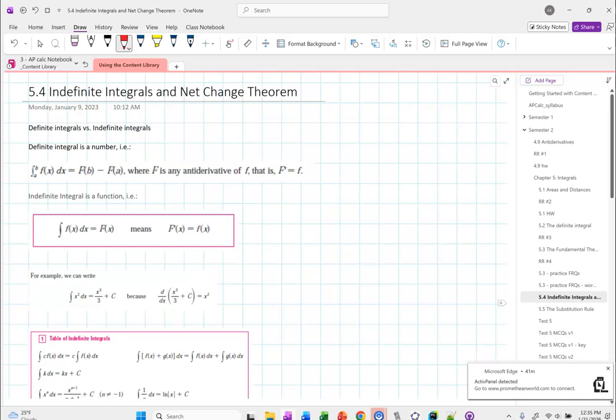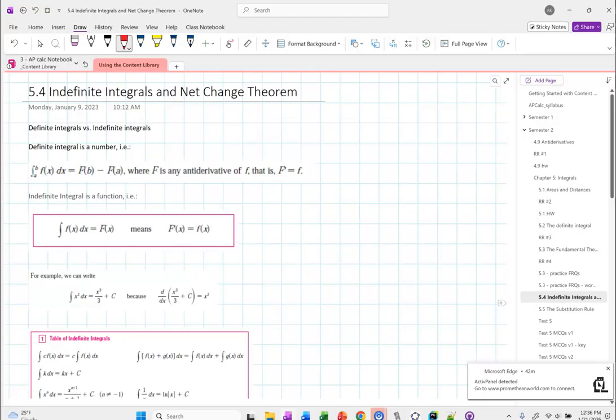In section 5.4, we're going to look at something called an indefinite integral. Recall in section 5.3, we defined the definite integral as the integral from a to b of f of x dx, which equals the antiderivative of f evaluated at b minus the antiderivative of f evaluated at a, which boils down to just a number.